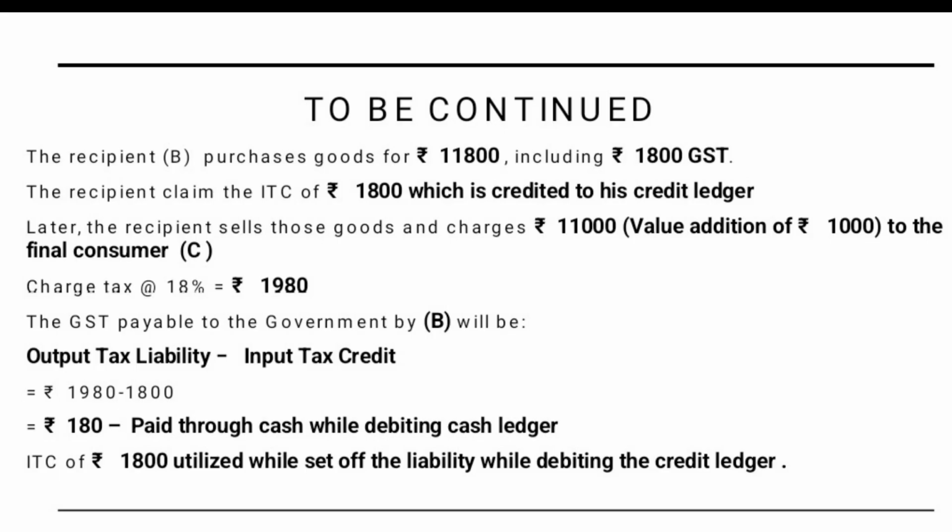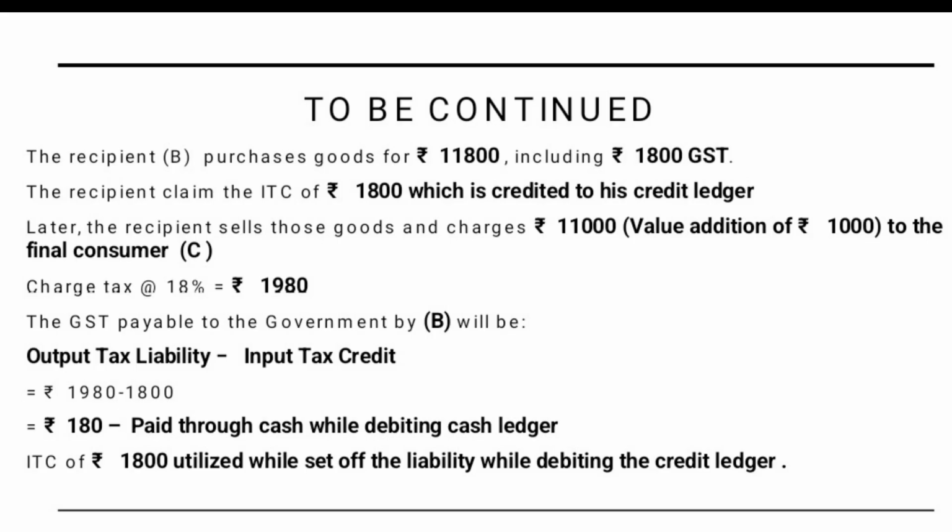If you go from the first, A sells to B at 10,000 and GST is 18%, so the final price is 11,800, and the output tax liability of A is 1800, because he collects the tax from the recipient and discharges the liability while filing his periodical return.